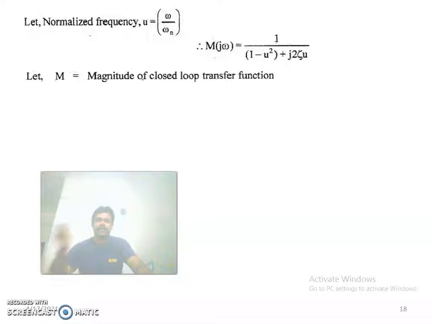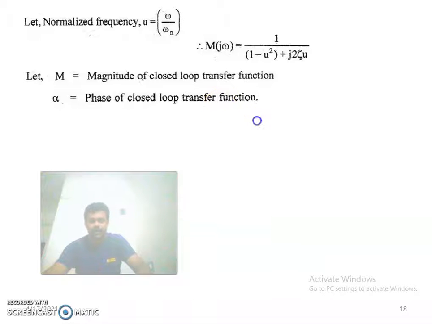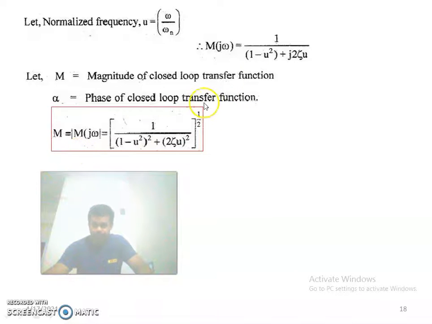Now M is nothing but the magnitude of the closed loop transfer function, and alpha is nothing but the phase of the closed loop transfer function. So the magnitude is nothing but 1 divided by square root of 1 minus u square the whole square plus 2 zeta u the whole square. The square root can be written as the power 1 by 2. So magnitude is equal to 1 divided by 1 minus u square the whole square plus 2 zeta u the whole square to the power 1 by 2.